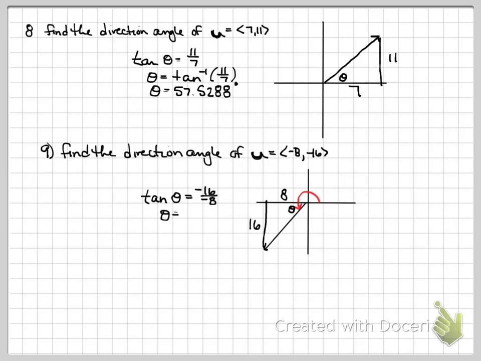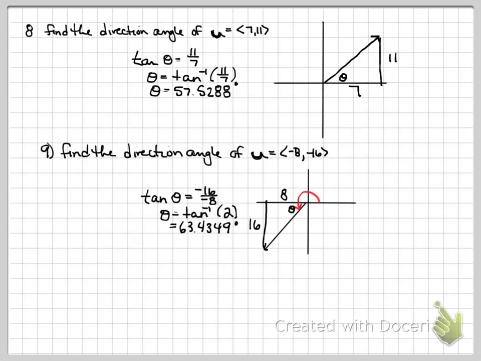If I type that in my calculator using arctan, or tan to the -1, -16 over -8 becomes +2. I get that theta is 63.4349 degrees. But looking at my picture, I know that my angle's not 63 degrees.